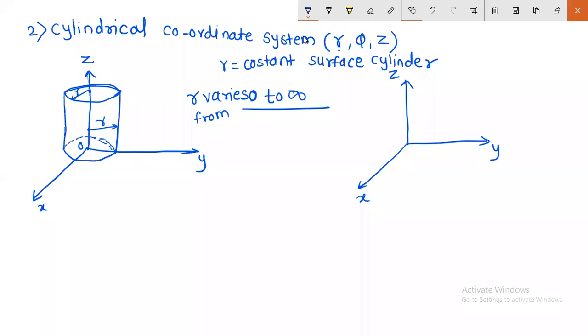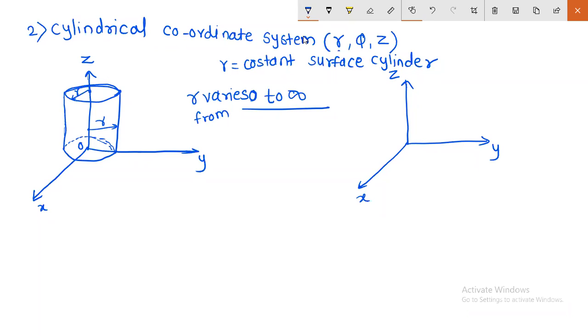This phi is the angle which starts from the x-axis and it is along the z-axis.